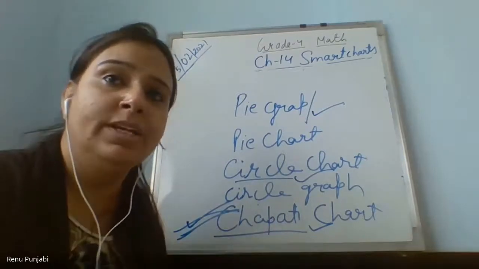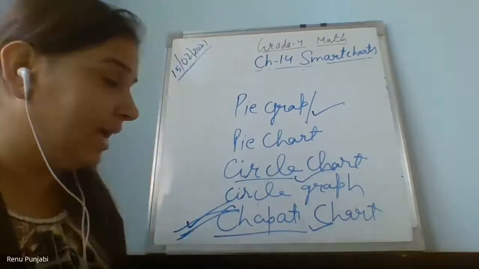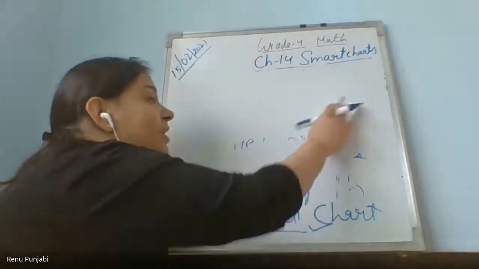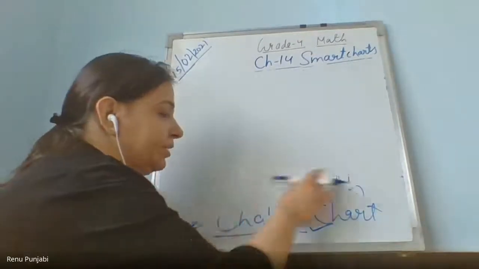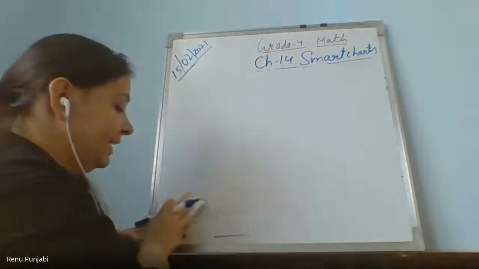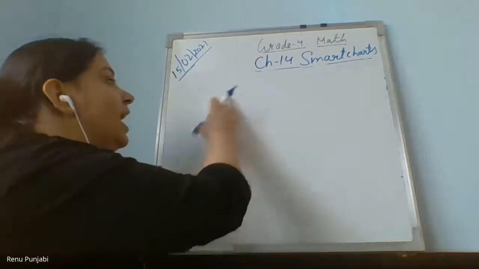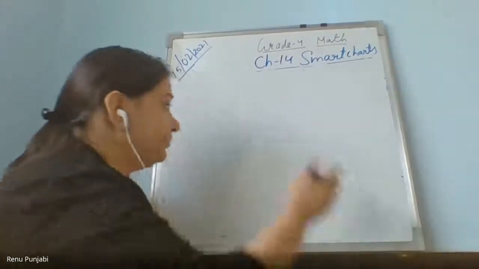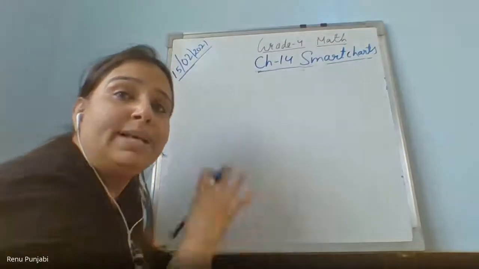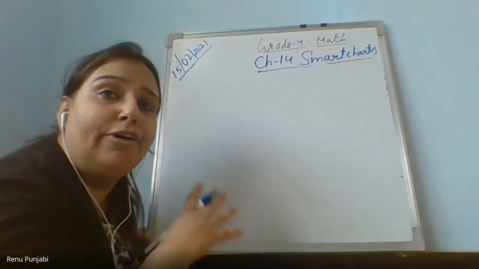अब chapati chart से क्या है? That if some information is given to you, for example, mama cook a food. She cooked one chapati, and for eating that one chapati, there are 3 persons. When the data is given to you and you are going to represent that data in the form of circular, how you will represent?